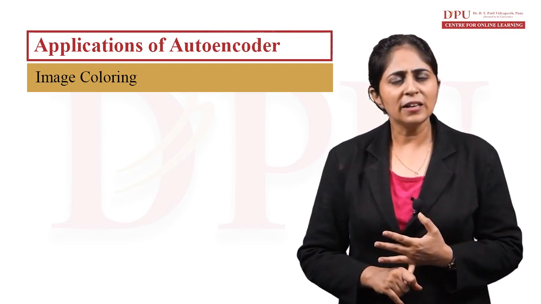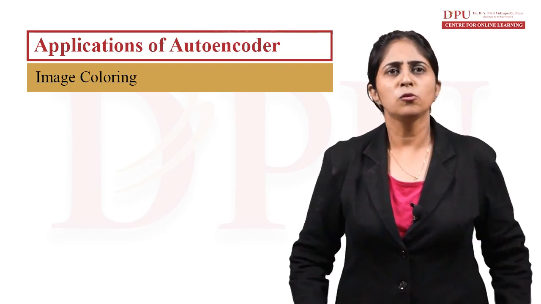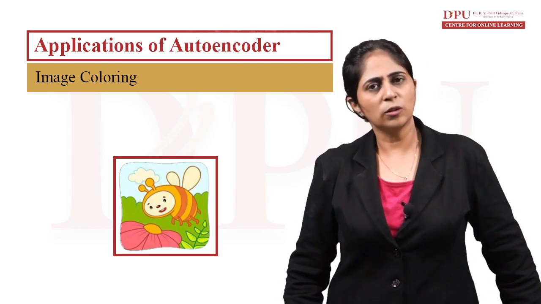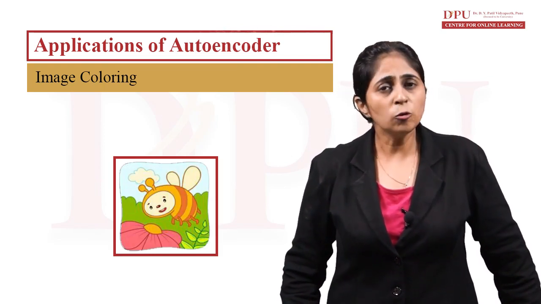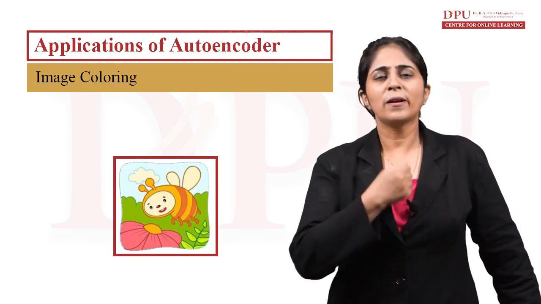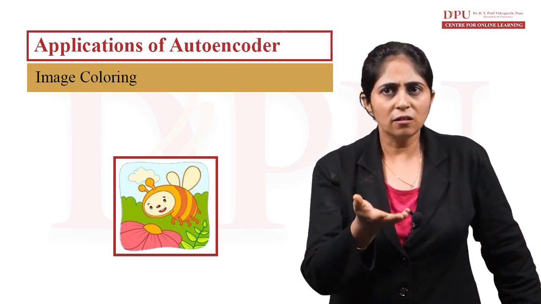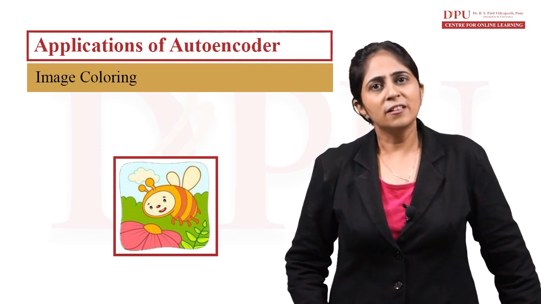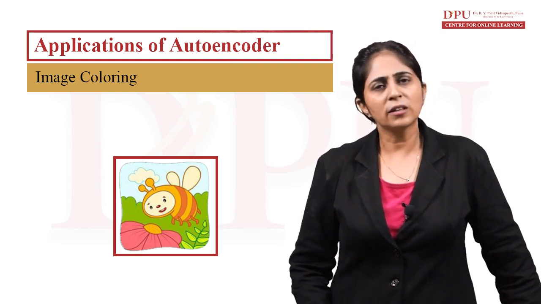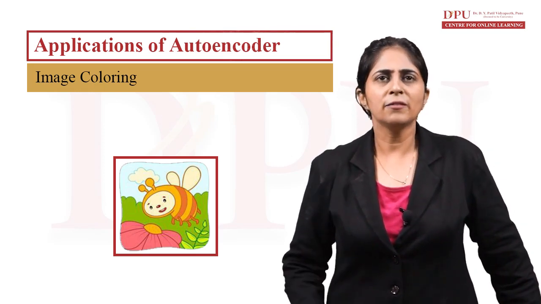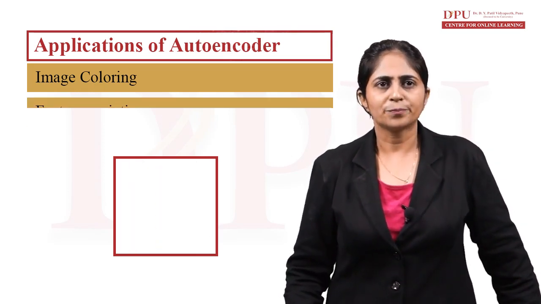So the first application is converting any black and white picture into a colored image. Now how do they do it? If we provide a black and white image, depending on what is in the picture, it is possible to tell what color it should be. So depending on that, we can do image coloring with the help of autoencoder.